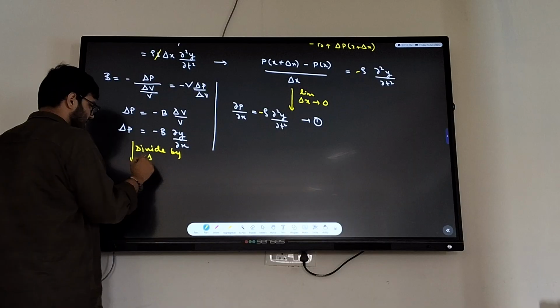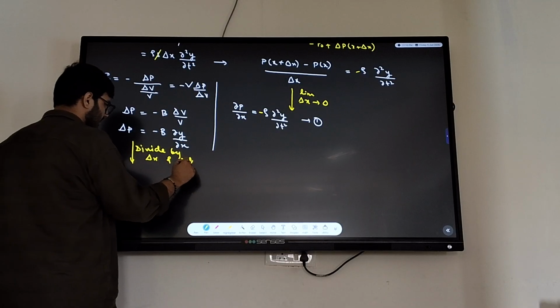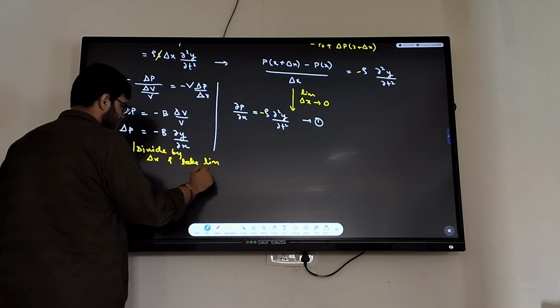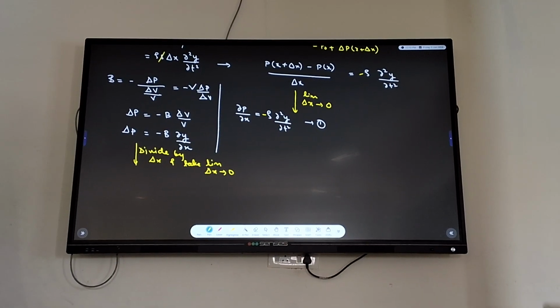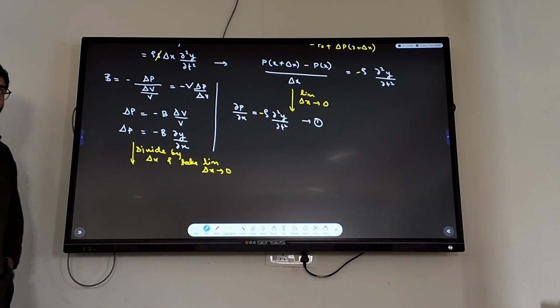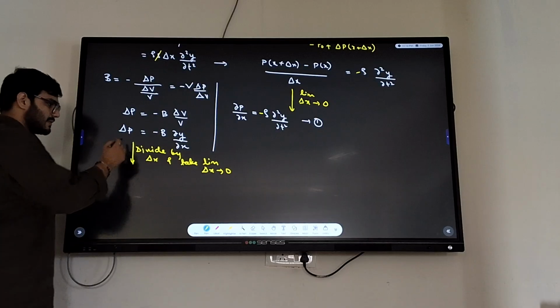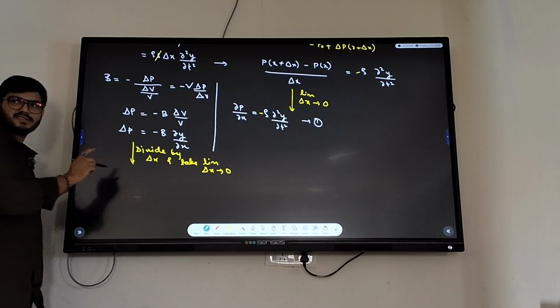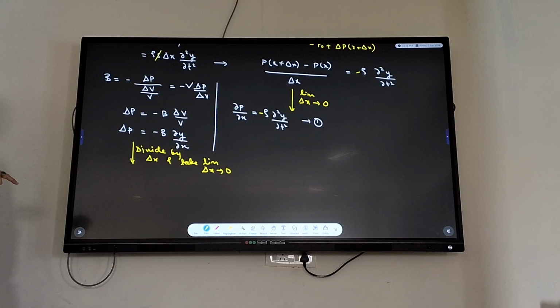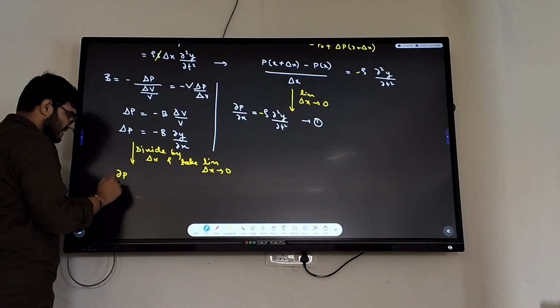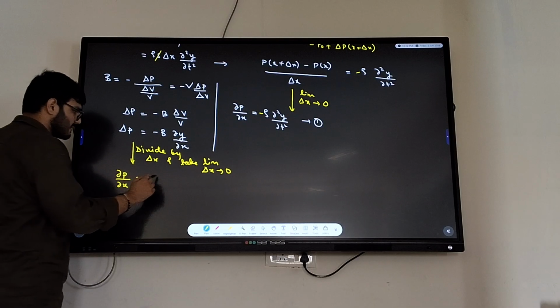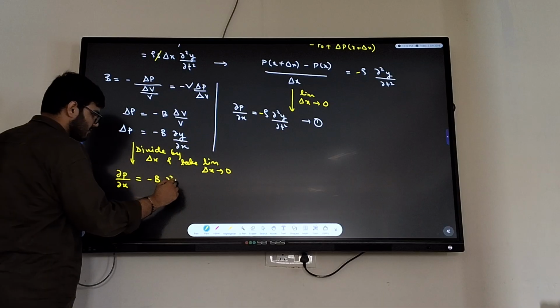That will become del p by del x. So it's as good as differentiating with respect to x, and this will be minus B del 2y by del x2.